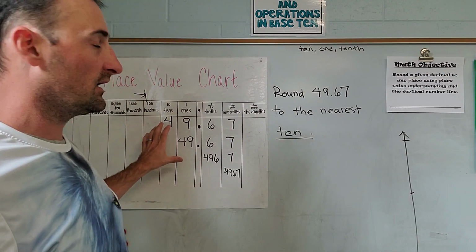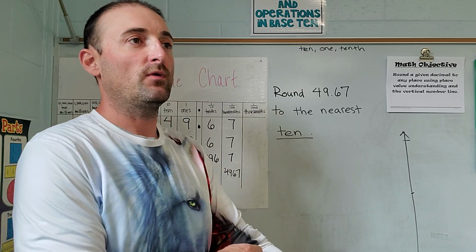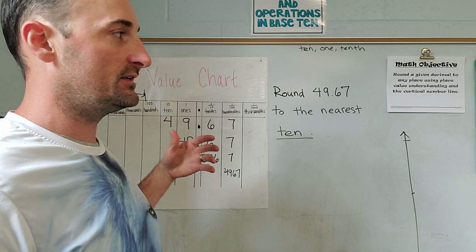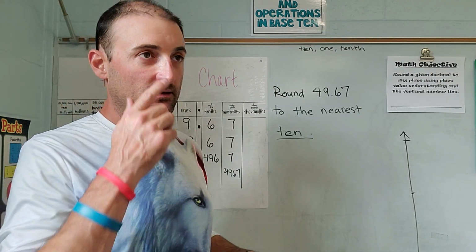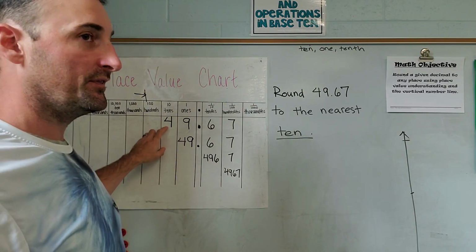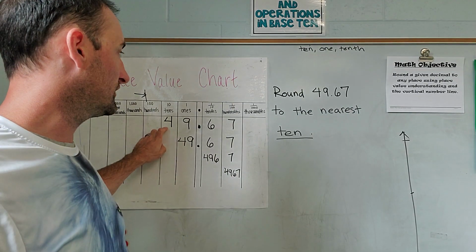Let's focus on these top three and see which one gives us the best information if we're rounding to the tens place. So which one of these decompositions gives us the best idea of between which two tens it is? And there's a big hint in the word tens. So we want to look at this top one that tells us we have 4 tens in 49 and 67 hundredths.